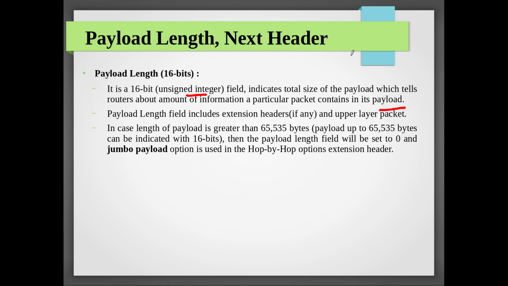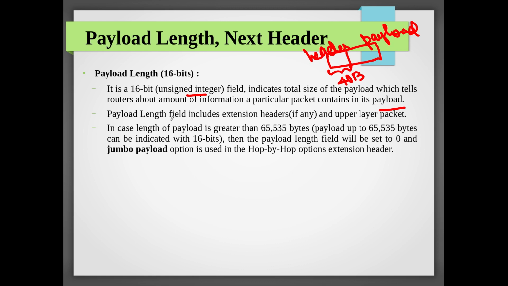Whenever you are looking at a typical packet, there will be some header followed by payload, the information contained within it. Other than the header, we know the 40-byte fixed header in case of IPv6, followed by the payload.